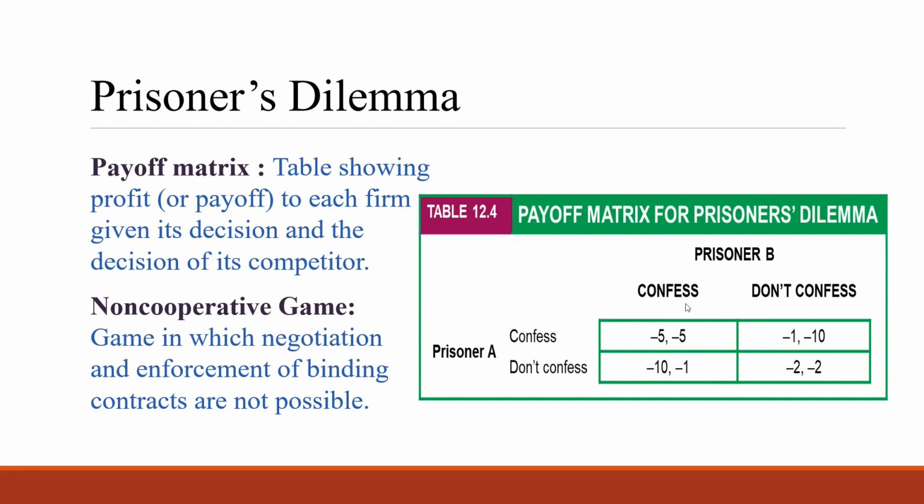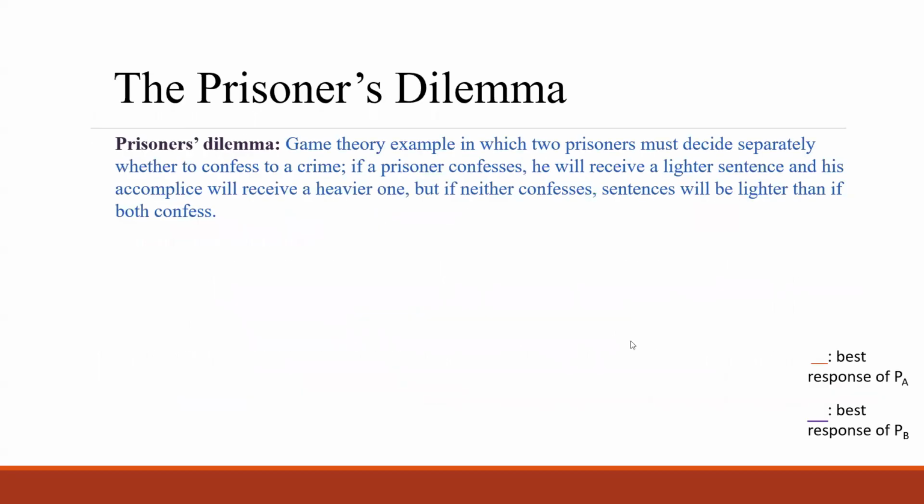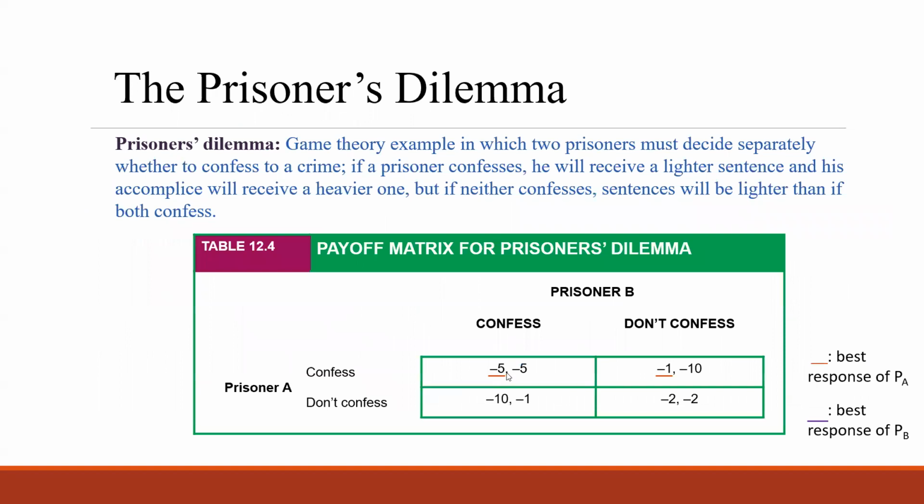So confession is also a dominant strategy for prisoner B. And when both players have a dominant strategy, we have a definite equilibrium of this market, which is Nash equilibrium. That is here. Okay, -5, -5, namely confession of prisoner A, confession of prisoner B.